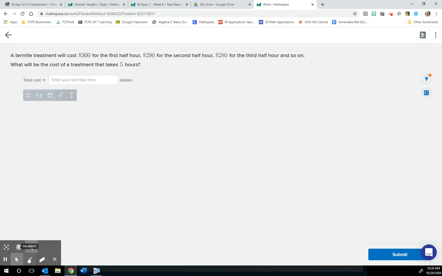So again, what that tells me is this is an arithmetic sequence because I'm decreasing by $10 every half hour. But they're asking me for the cost of the treatment that takes 5 hours. So not how much is the 5th hour, but the total cost of a 5-hour treatment. So this is telling me this is the sum or series.